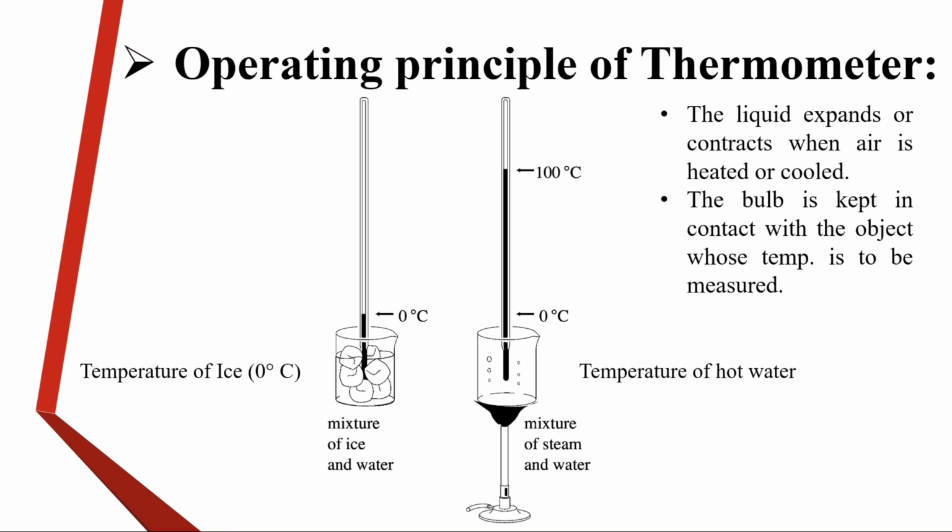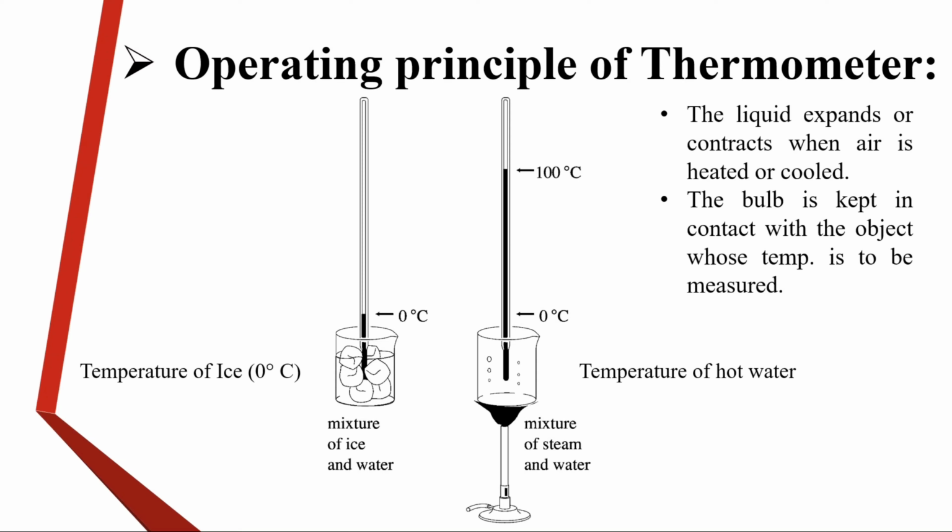Now let's see the operating principle of thermometer. The operating principle of thermometer is quite simple. A known measure of liquid, mercury, alcohol or a hydrocarbon based fluid is vacuum sealed in a glass tube.